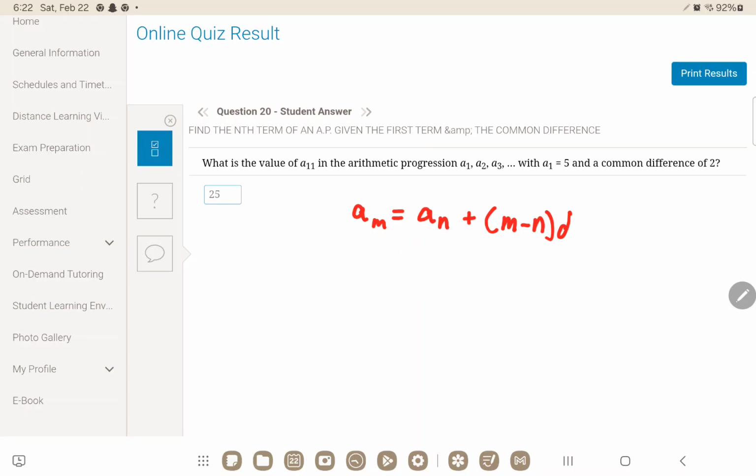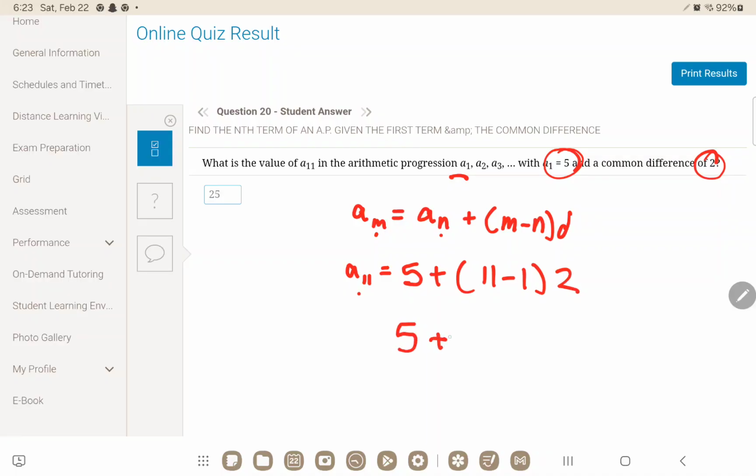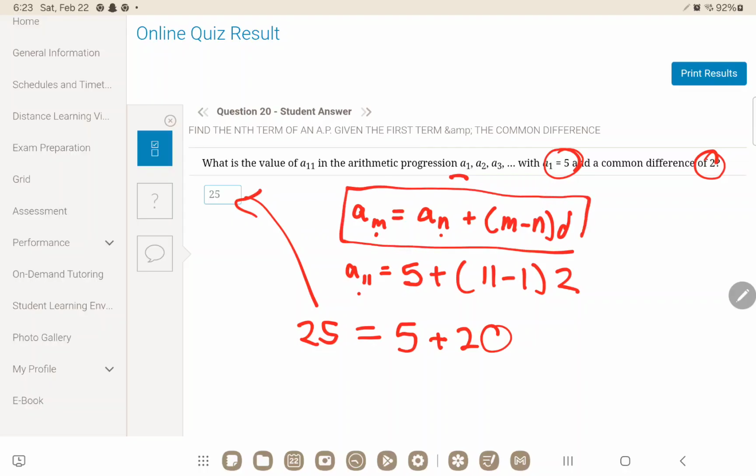So what this is telling us is A of 11 is A of the first value, A1, which they gave to us as 5, plus M minus N. So 11 minus 1 times the common difference, which they gave us as 2. So 5 plus 20. So A11 is 25. And that's it. Memorize this formula, please, because we're going to have to use it almost all the time.